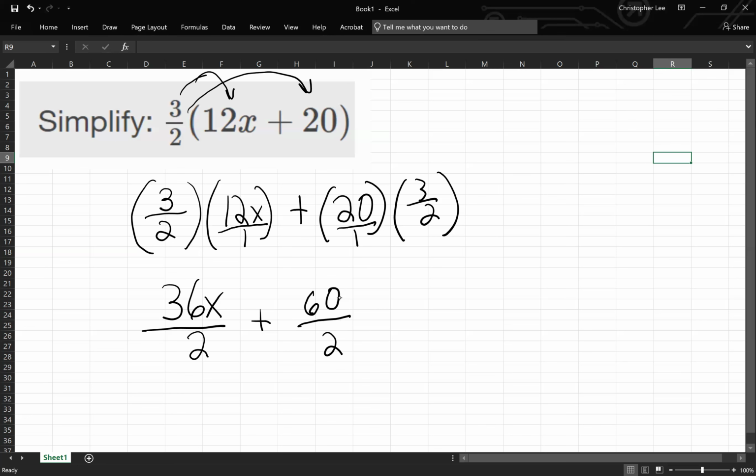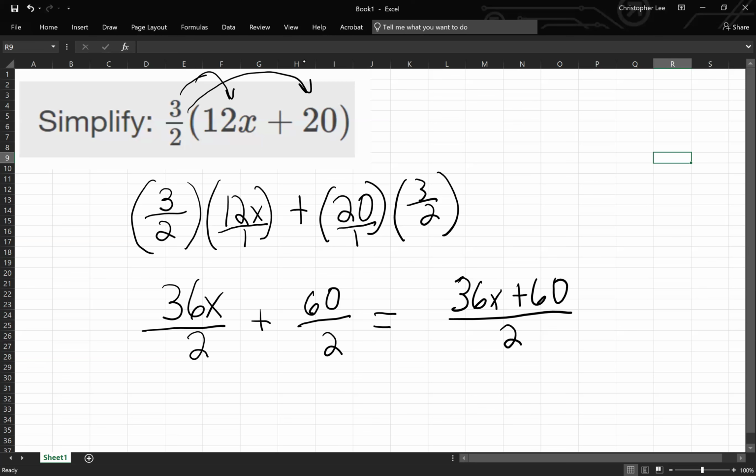Now, do I have the same denominator here? Right? So that means I can add the numerators, right? Putting these together, what do I have? An x, right? So you can actually just keep them the way it is. 36x plus 60, both over 2.